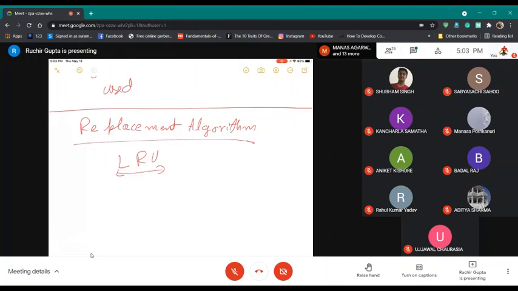So idea wise it is pretty simple. You will replace something that you have not used since long. So you will preserve those things that are actually being used recently. Something that has not been used since long will be replaced.